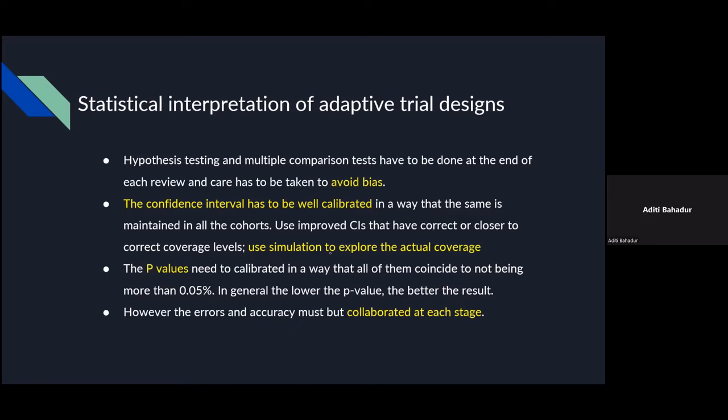We can also understand whether the data has been analyzed correctly, and the standard errors can give us a better understanding of the kind of deviations that we expect to get. So this is, in short, the way to interpret the adaptive trial statistically.